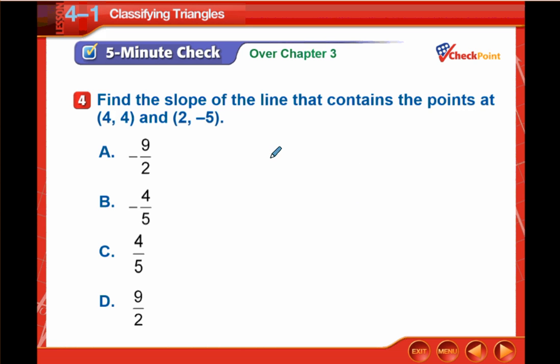Okay, so to find the slope, we're going to use our slope formula, which says that the slope, which we use the letter m for, is equal to y2 minus y1 over x2 minus x1. And we'll substitute in our values. Let's let this be x1 and this be y1, then this will be x2 and this will be y2.